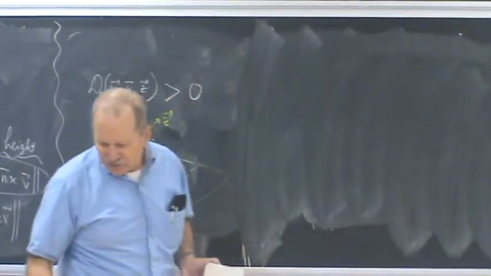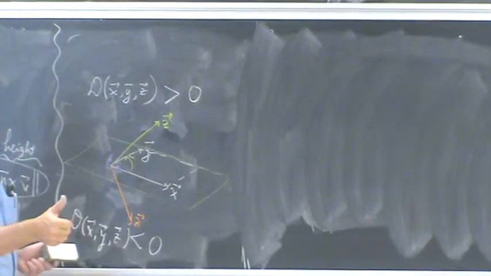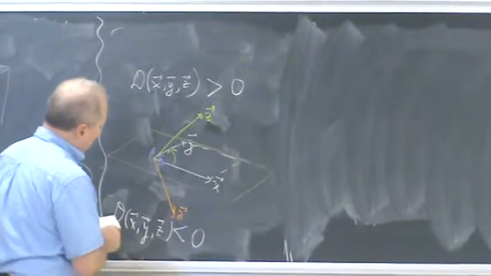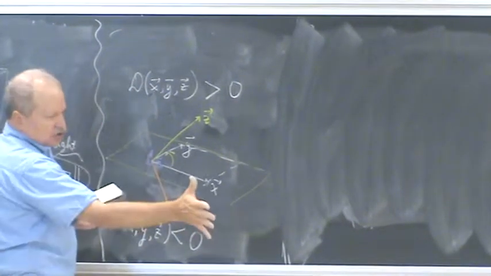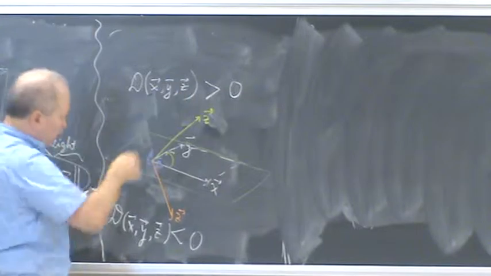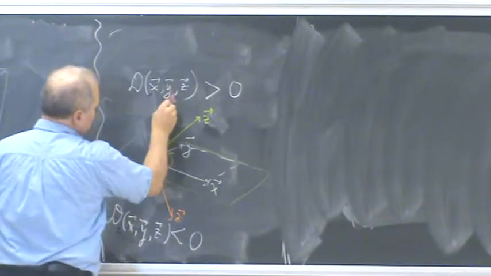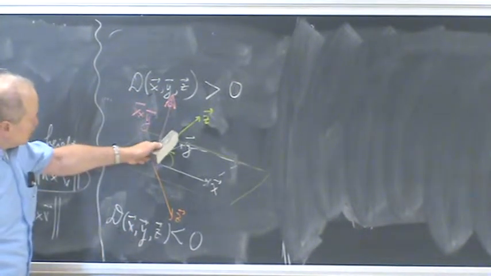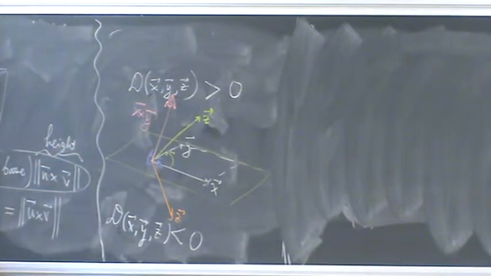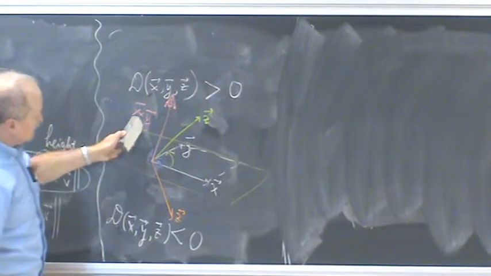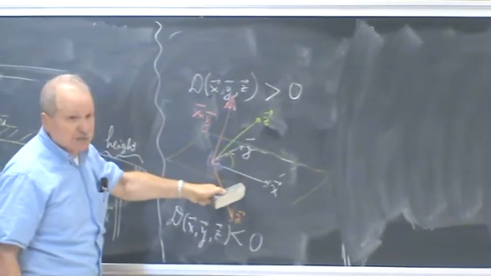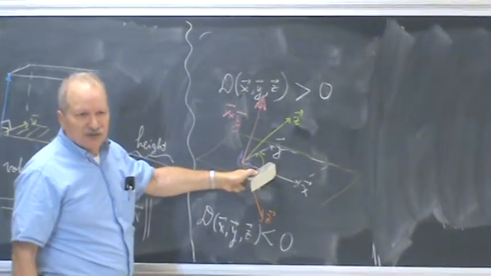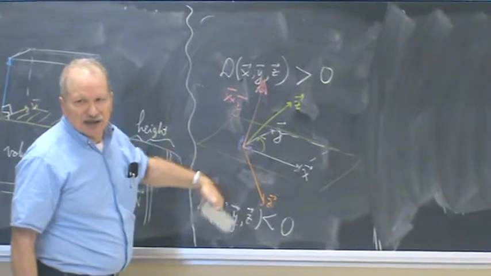Well, if you put the cross product consistent with the right-hand rule, if you orient your hand going along x, turning your fingers towards y, then your thumb points in the direction of the cross product. And now we're saying that when z dot that cross product is positive, namely when z is on the same side of this plane as the cross product is, then you have positive signed volume. And when z is pointing opposite, you get negative.